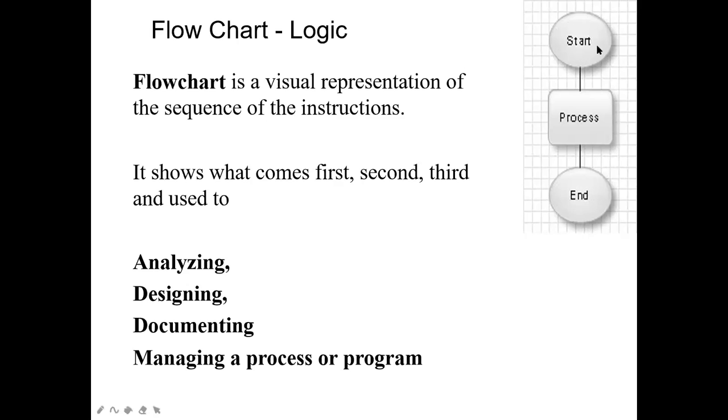First you start the program, what input is given, which processing is done in the CPU or RAM, and what the output is. It is used for analyzing, designing, documentation, managing a process or program. So before making programs, we must draw the flowchart of that particular program, right?